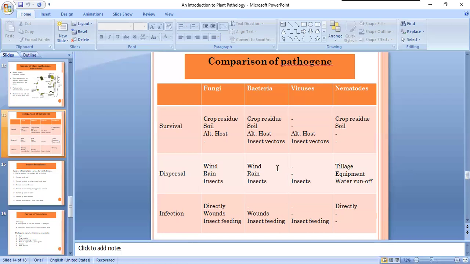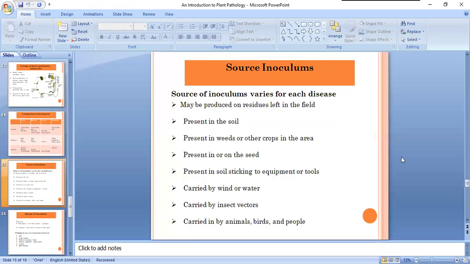How do they infect? Fungi can infect directly, through wounds, or through insect feeding, while bacteria can infect through wounds or insect feeding. Viruses can infect only through insect feeding, and nematodes can infect only directly.